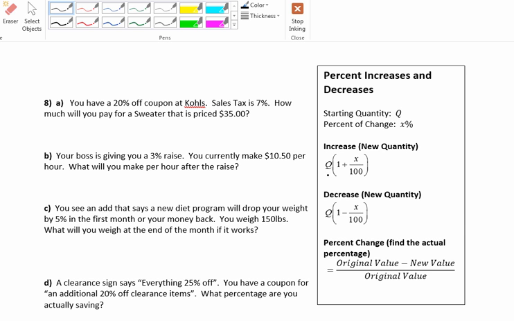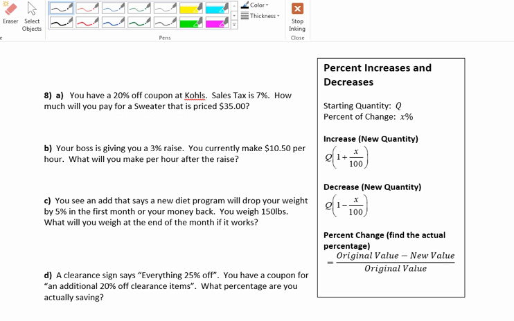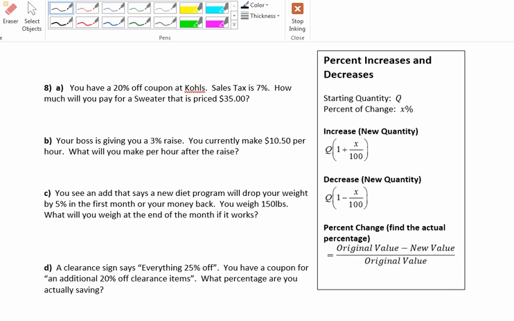So you can take your original value and do 1 plus x over 100, or in other words, 1 plus the percentage. To do a decrease, like a discount 5%, you could take your original quantity times 1 minus x over 100, or 1 minus the percentage. This is a quicker way to do this. It'll give you that new quantity much quicker than the adding and multiplying separately.